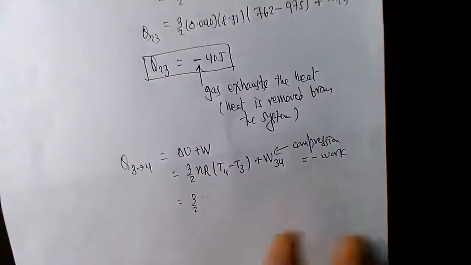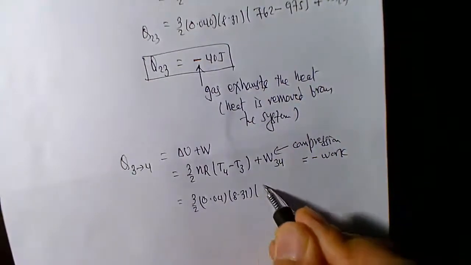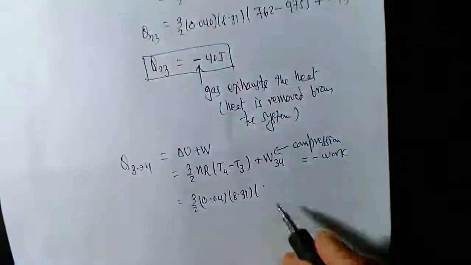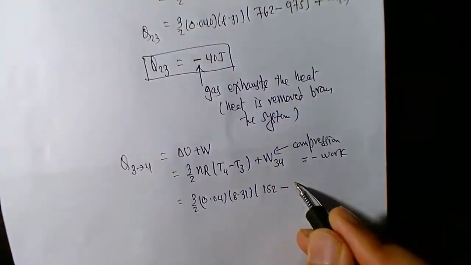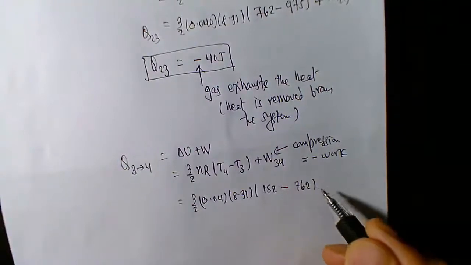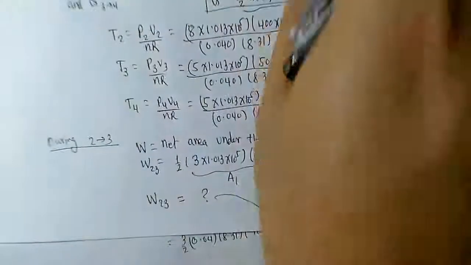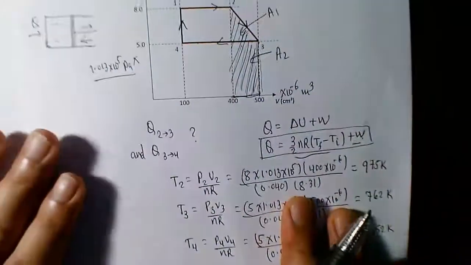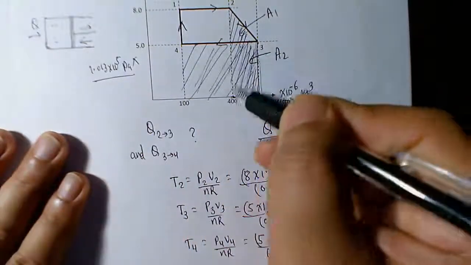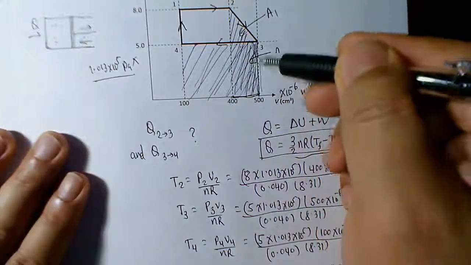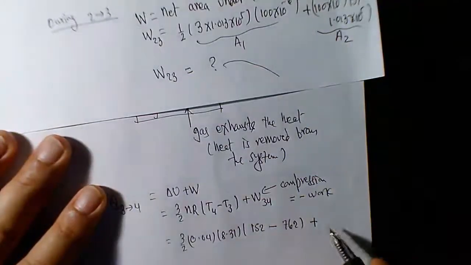So 3/2 n is this. Temperature at 4 is 152 Kelvin, and temperature at 3 is 762 Kelvin. Plus the work done during the 3-4 process, which is the compression, the negative area, or the area of this rectangle, which is 5 atmospheres times 400. It's just the area of a rectangle.